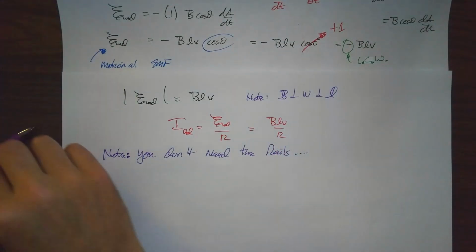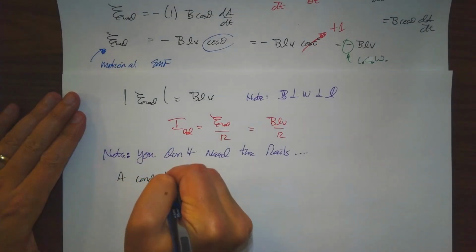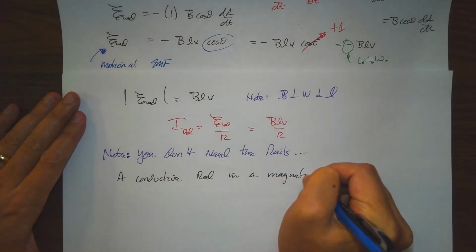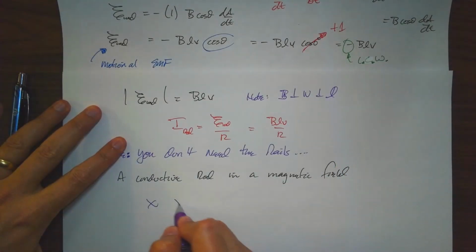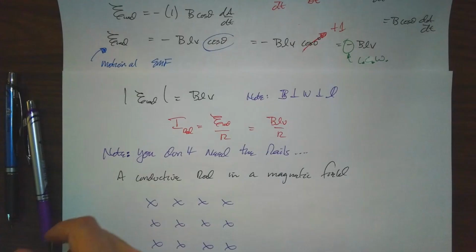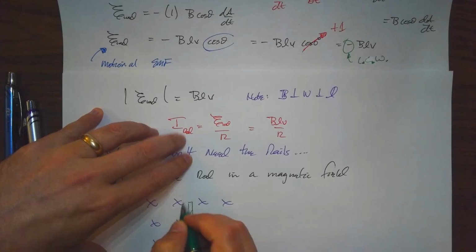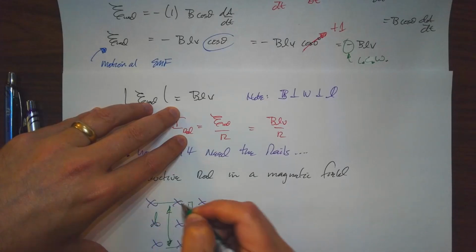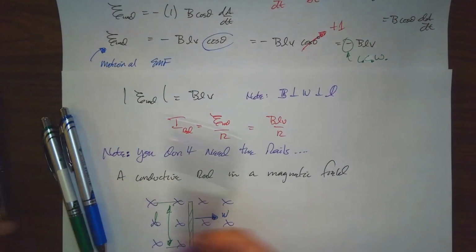Okay, so if we just look at a conductor moving in a magnetic field, there's our conductive rod, length L, moving in this direction, some velocity V, inside a magnetic field.